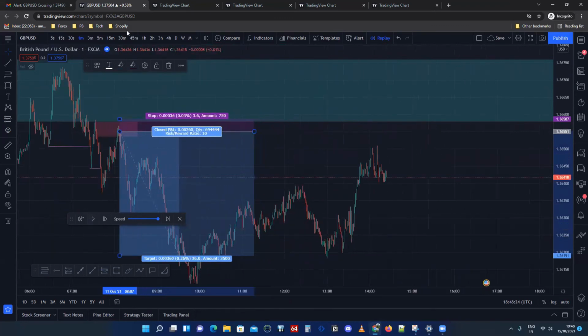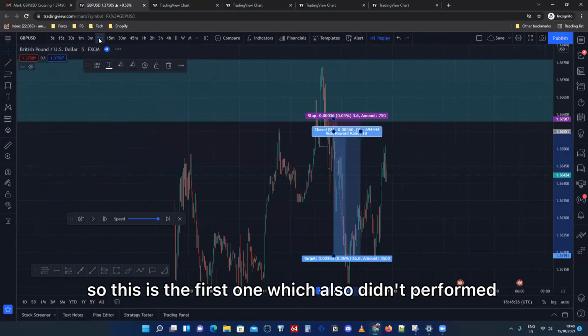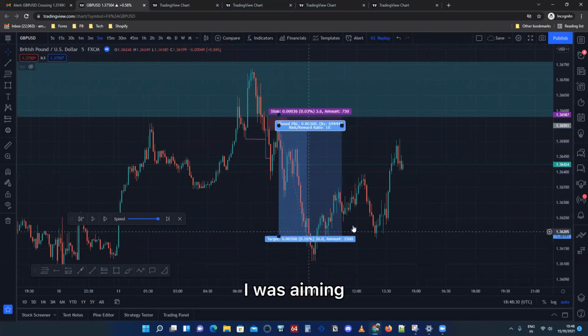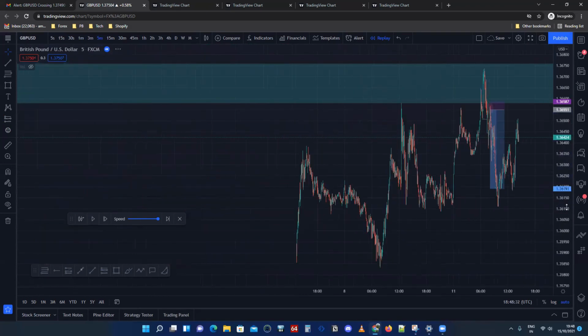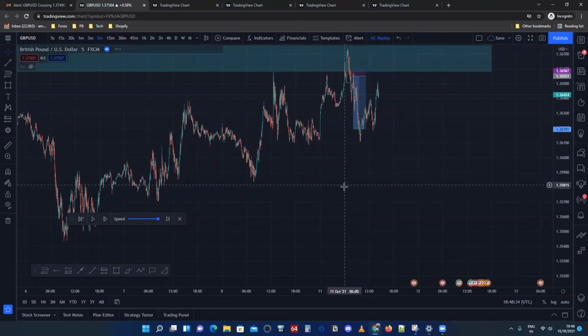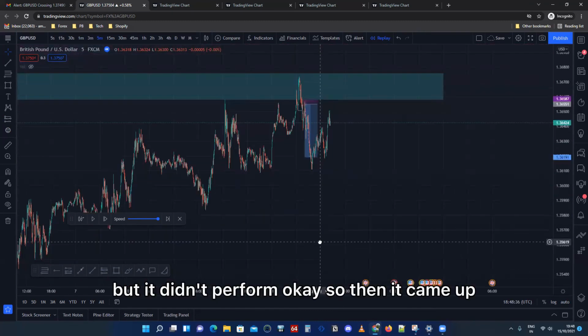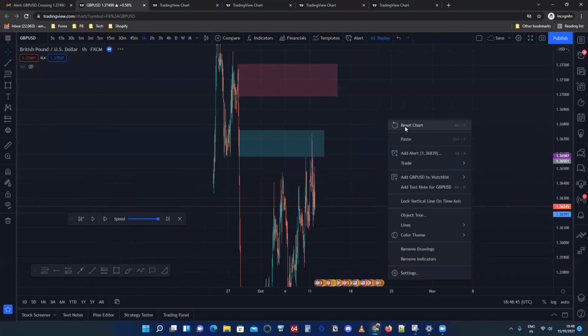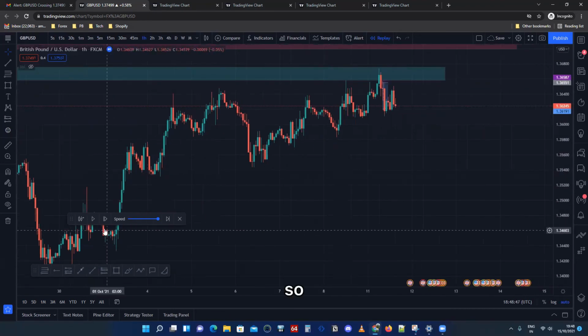So this is the first one, which didn't perform. It's actually a little bit disappointing, I was aiming for a way bigger low here. Then it came up and violated that POI.